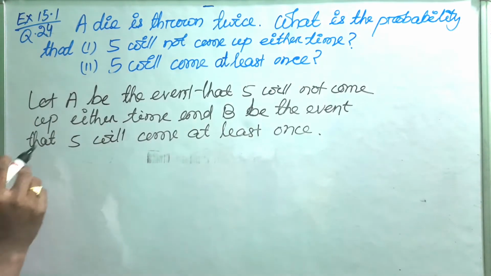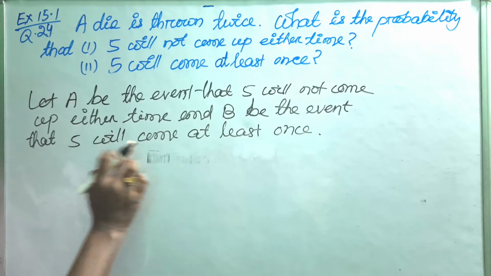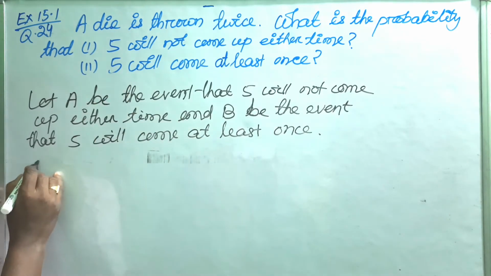Okay. Now, if B is the event that 5 will come up at least once, so the event B will contain outcomes.